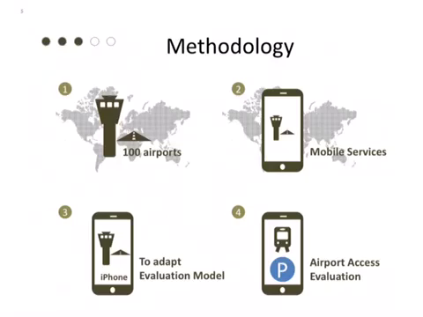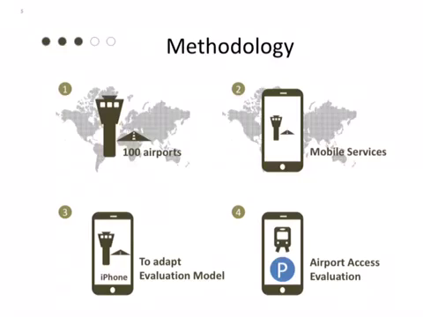The methodology used has been the following. We took the 100 largest airports around the world. Figures were from 2010. And we checked which mobile services they were providing in each of the different regions.